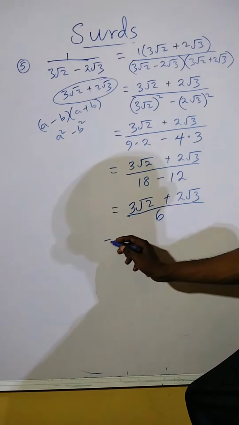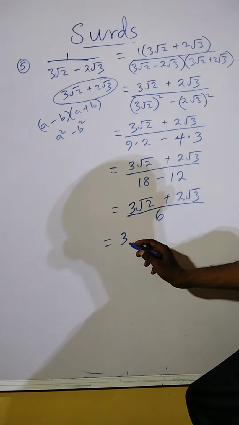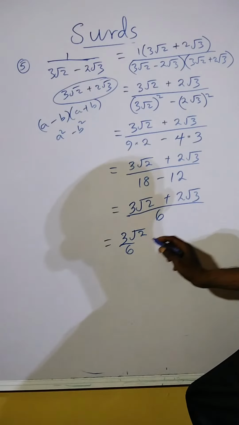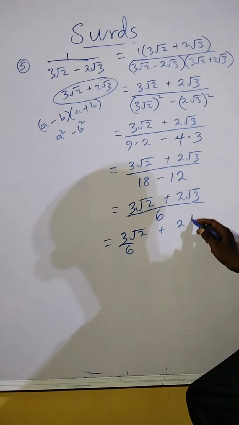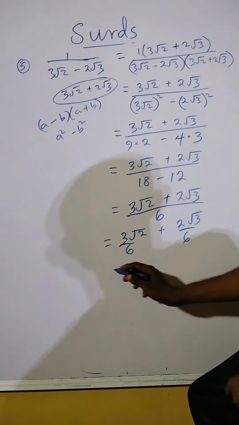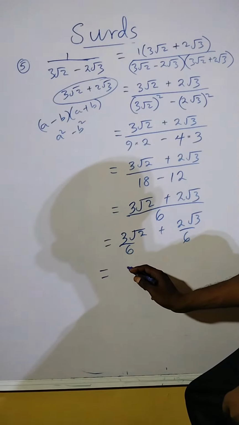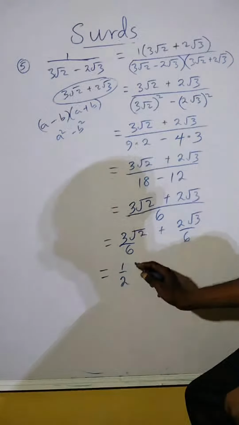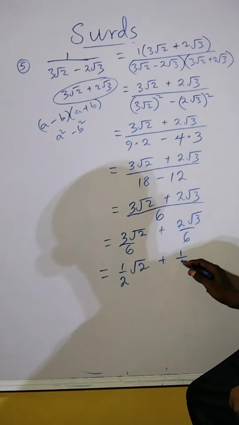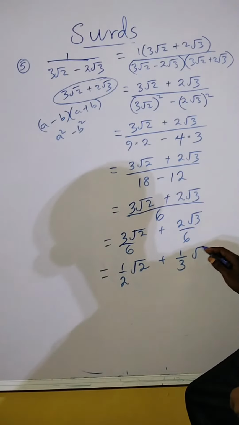And we can separate this, and we have 3 root 2 over 6 plus 2 root 3 over 6. When we reduce this, we can write it as 1 over 2 root 2 plus 1 over 3 root 3.